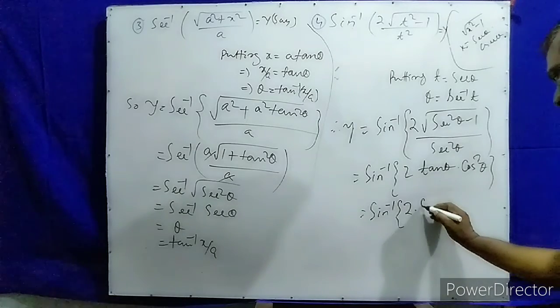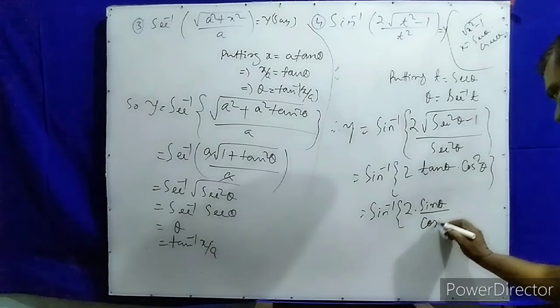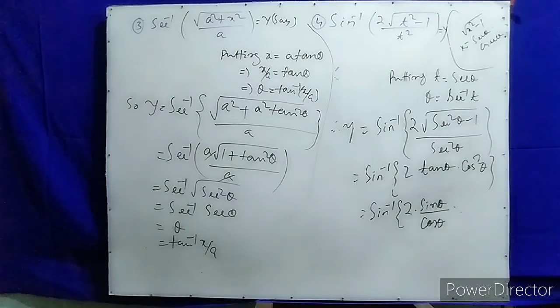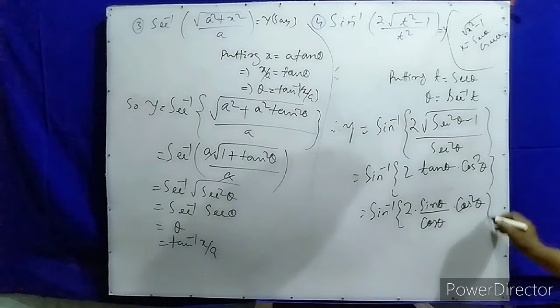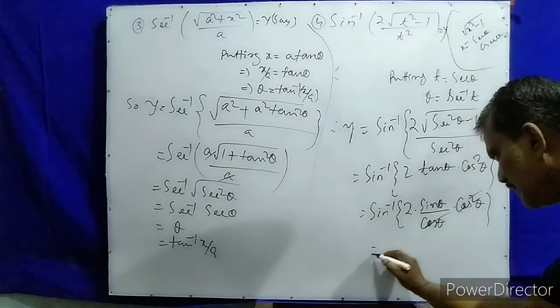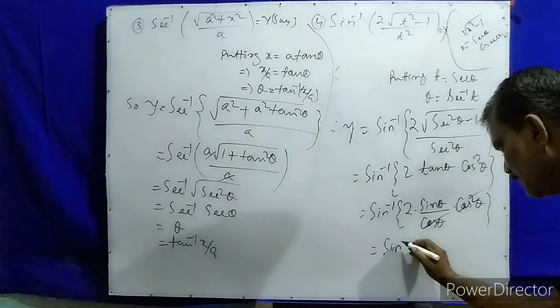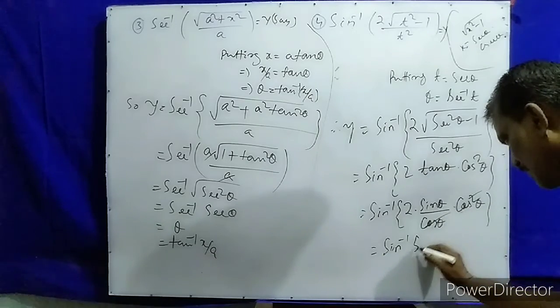Tan theta means sin theta by cos theta, into cos square theta. One cos will cut, then what remains is sin inverse 2 sin theta cos theta, this is sin 2 theta.